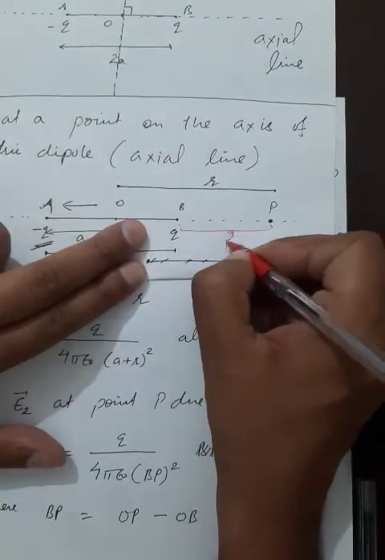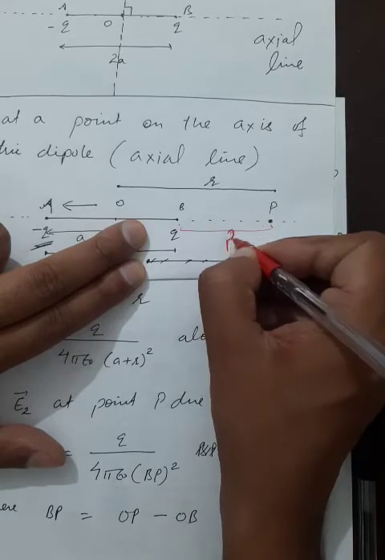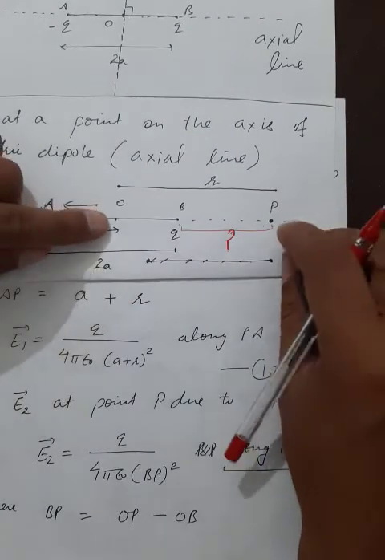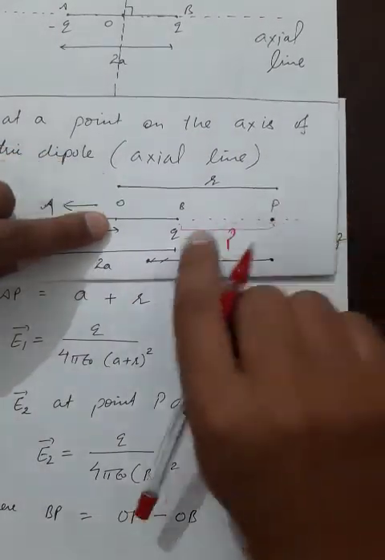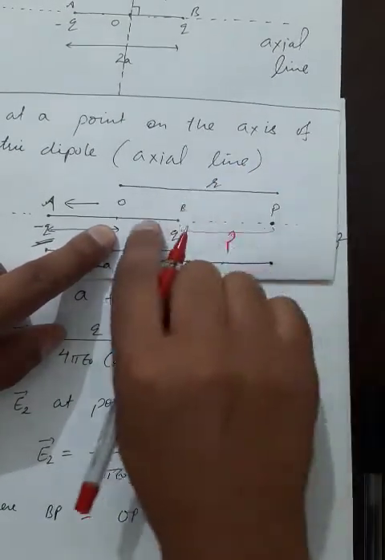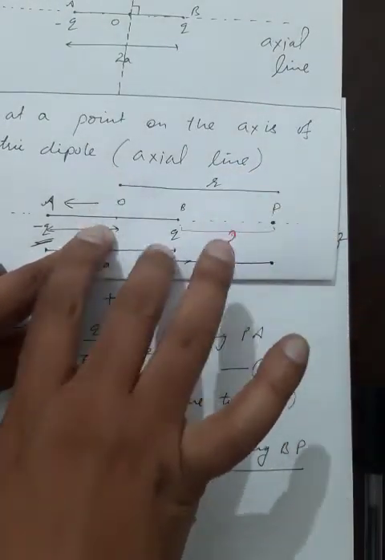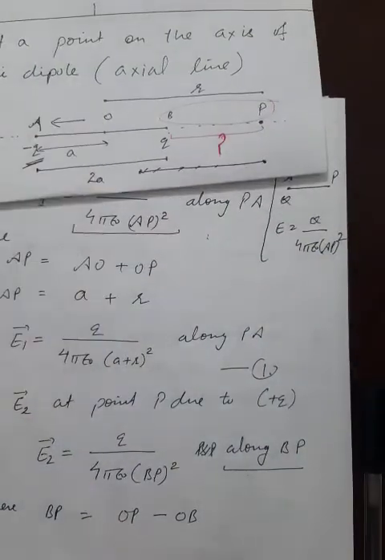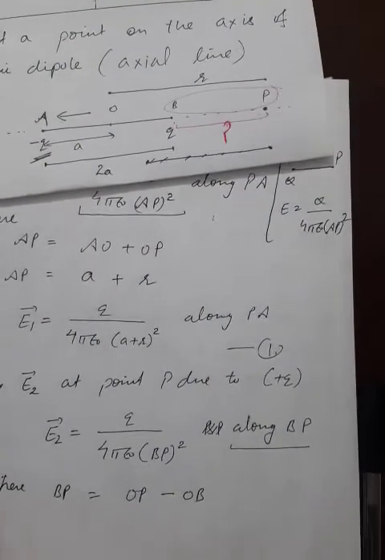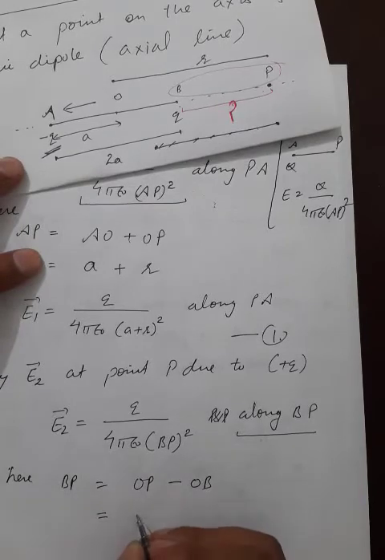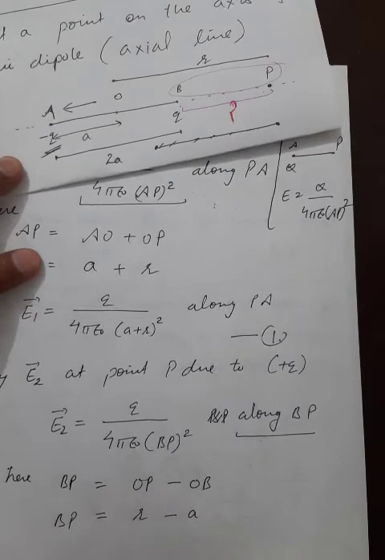We don't know what is the value of BP, so in terms of a and r we can write: from O to P we have r, and from O to B is a. So r minus a, if we subtract a from r, then we will be left with BP. So BP can be written as OP minus OB. Here OP is r and OB is a, so BP is equal to r minus a.